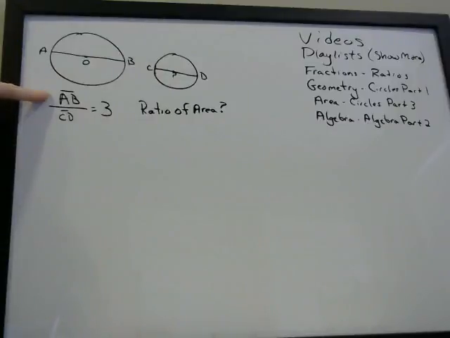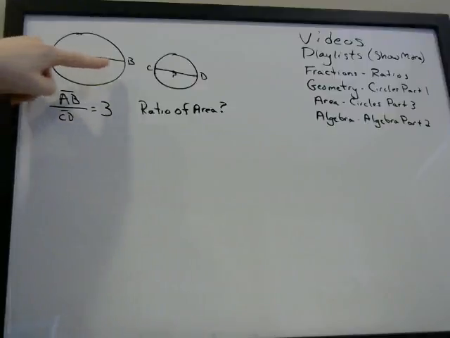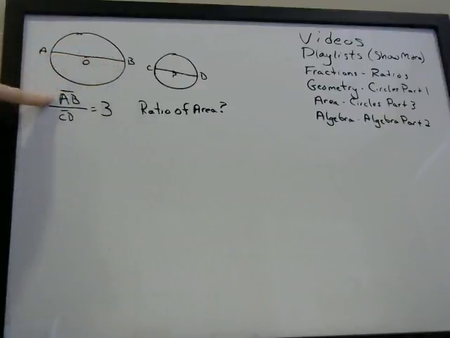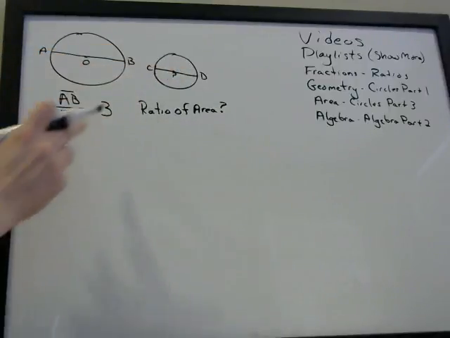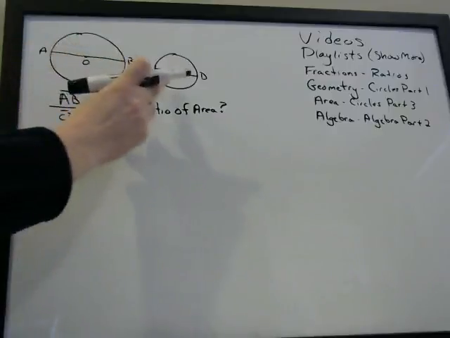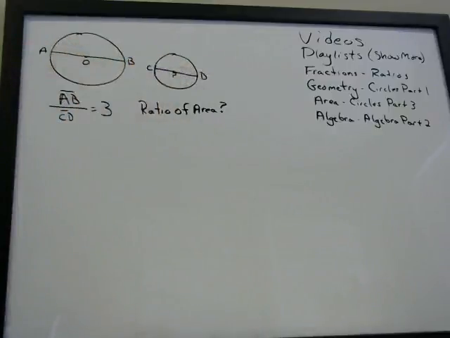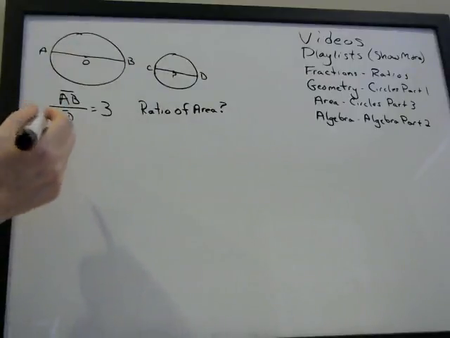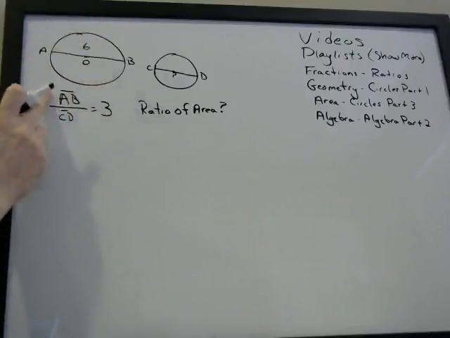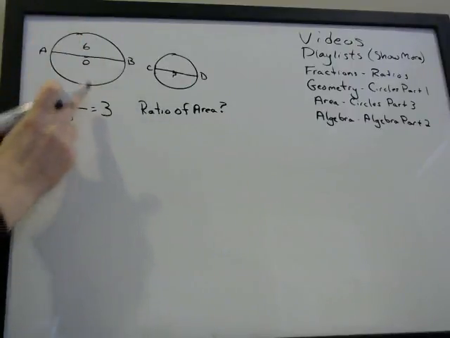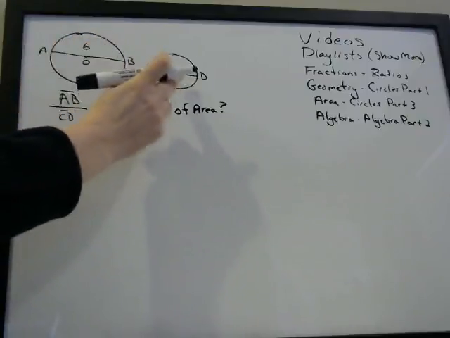They've said that the diameter of the bigger circle over the diameter of the smaller circle is 3. That really means this diameter is 3 times bigger than the smaller diameter. We'll go through an example later, but just to see what this means: if this is 6, then that is 3 times bigger than that.